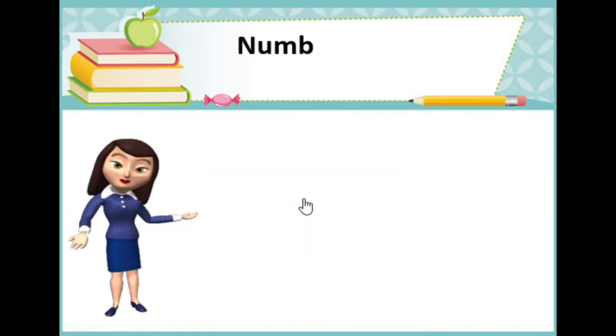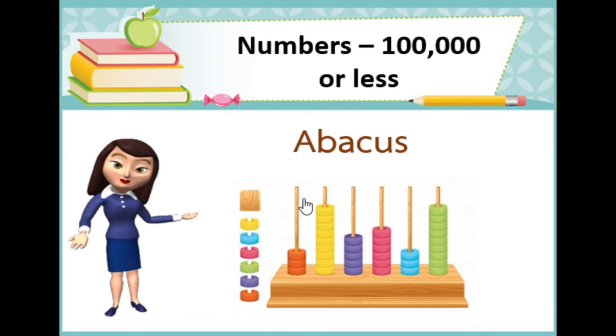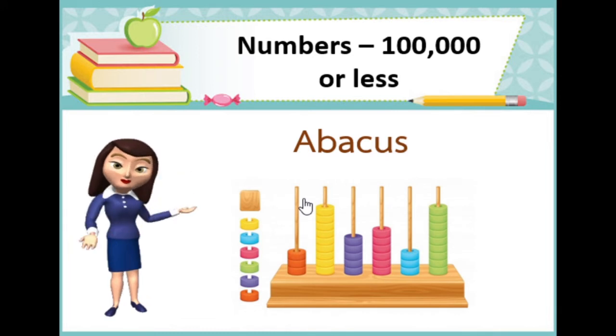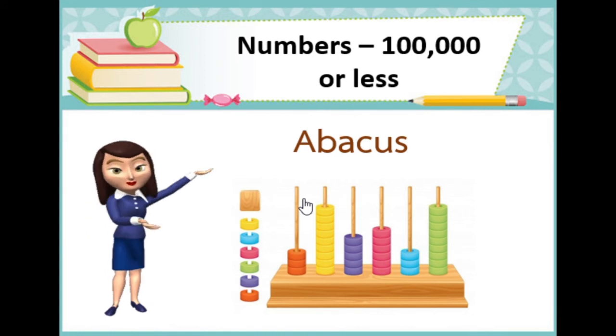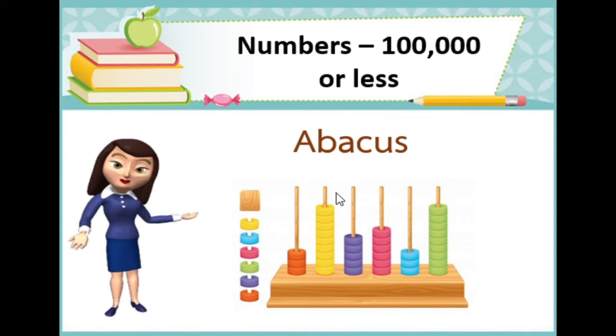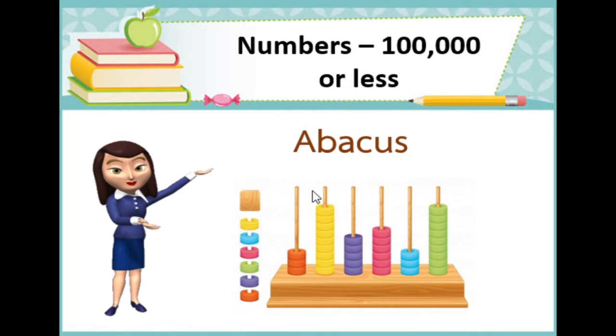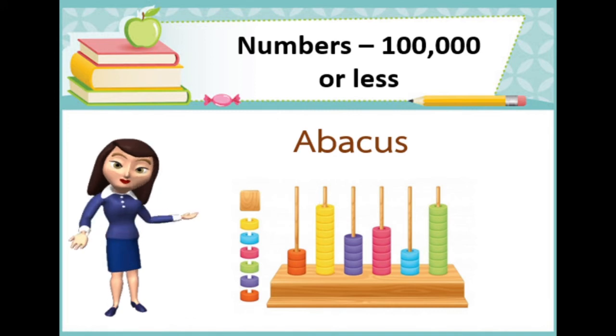Next. Another way to read, write, and say numbers is through the use of abacus. Some people before, they tend to use the abacus because they see it as an easy way to identify numbers.